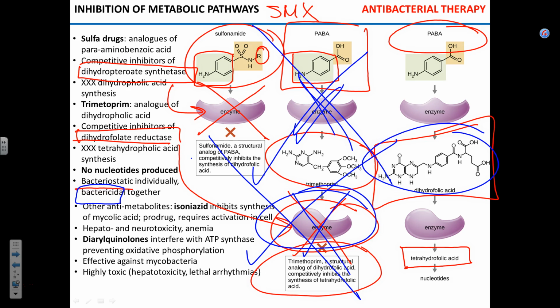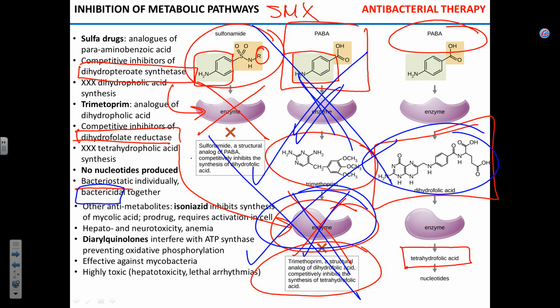Another drug is called isoniazid, which is actually a short name for a long chemical term. It inhibits synthesis of mycolic acid.